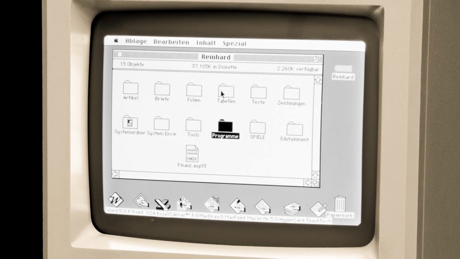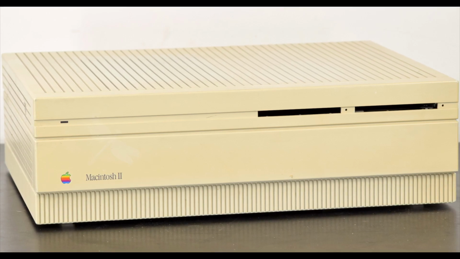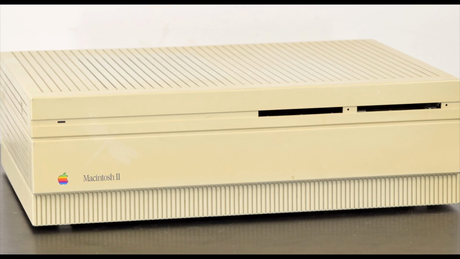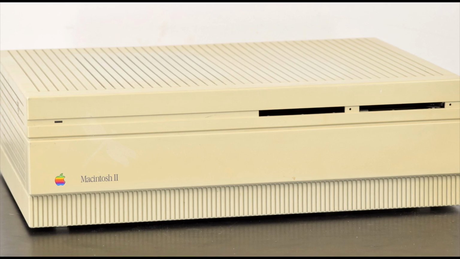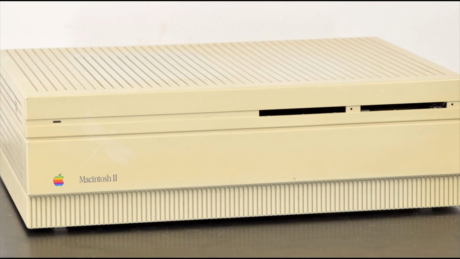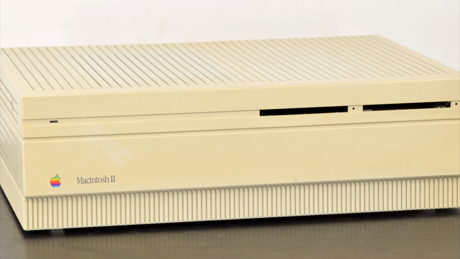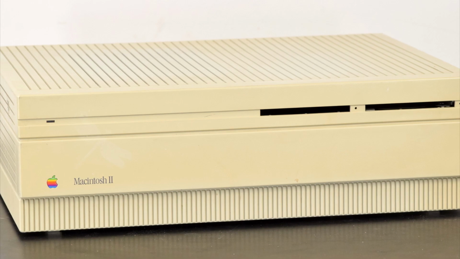Besides the classic Macintosh, there's the group of Macintosh II machines. What is the difference between them? Two things. First of all, color display, and the second one is expansion. Jobs was against producing a color and expandable machine. I think the reason was cost, and you cannot produce a compact model if it is expandable.